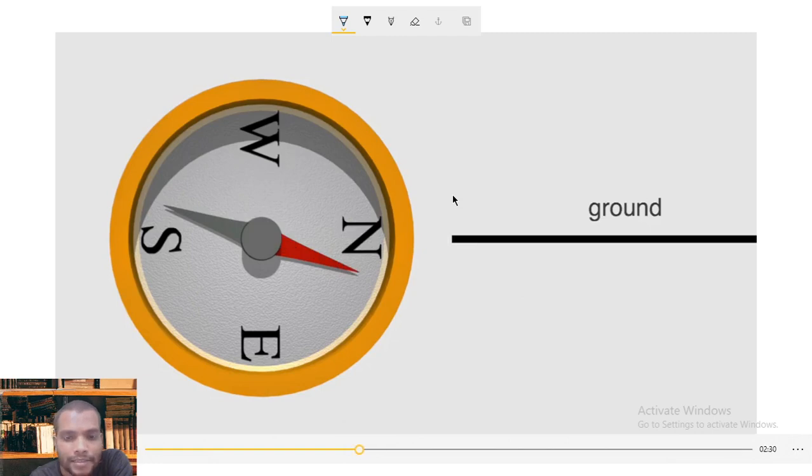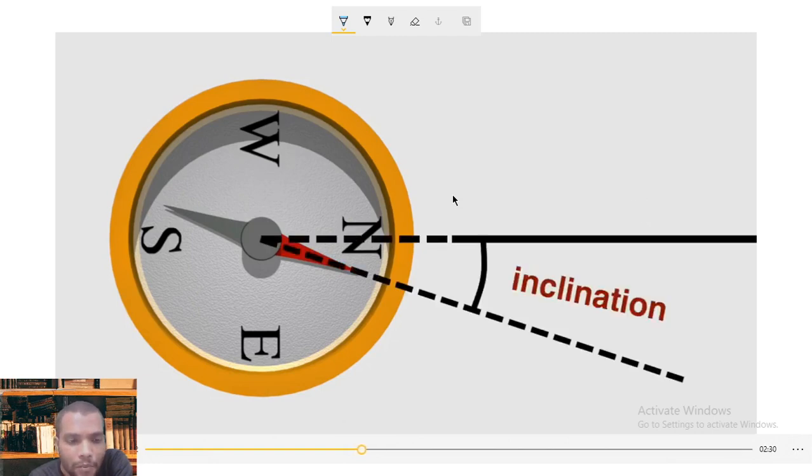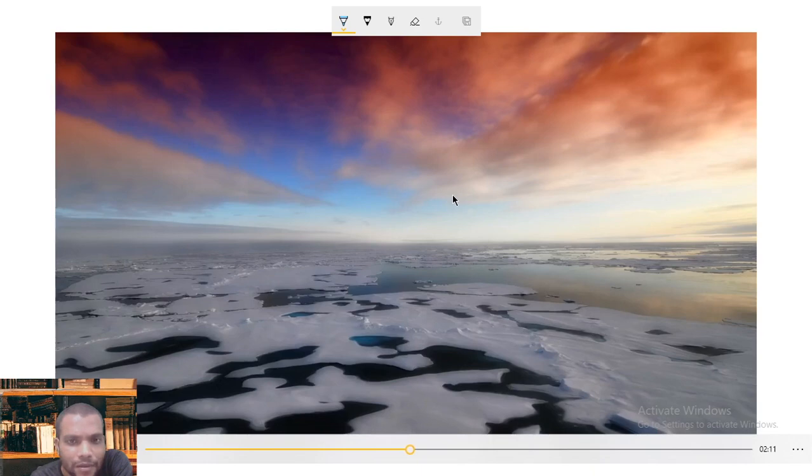The angle of inclination is defined as the angle made with the horizontal axis. With reference to 0, we can measure this angle of inclination, and that angle is used to measure the Earth's magnetic field at a given point.